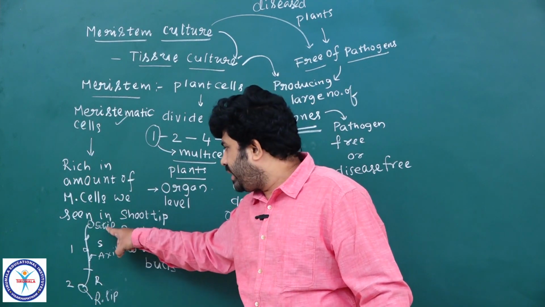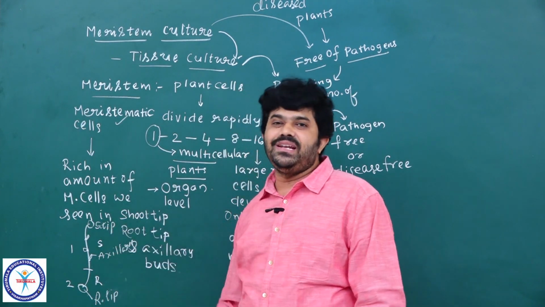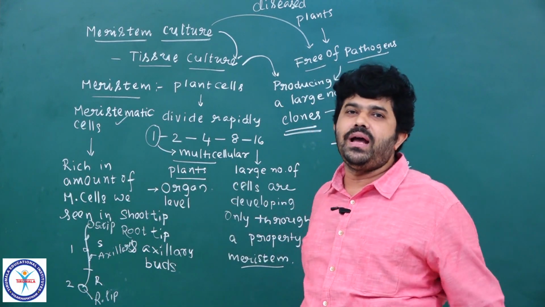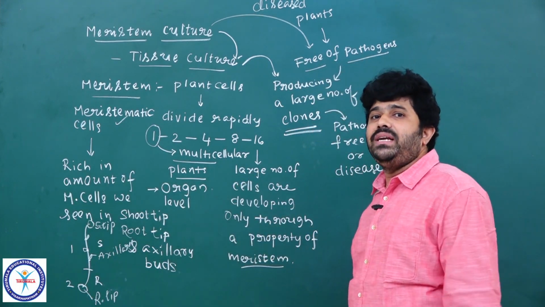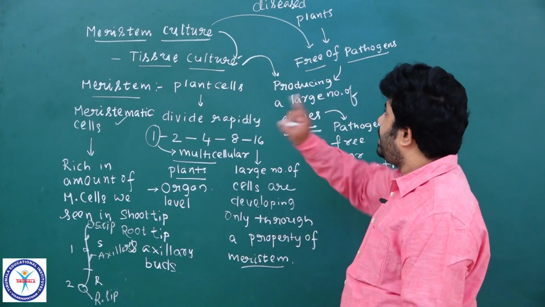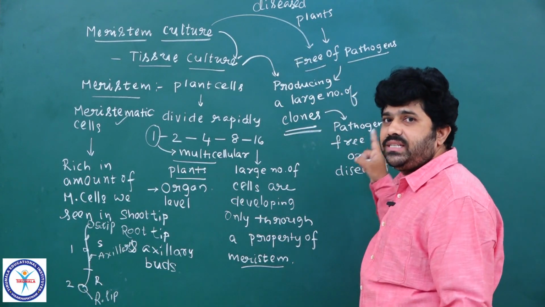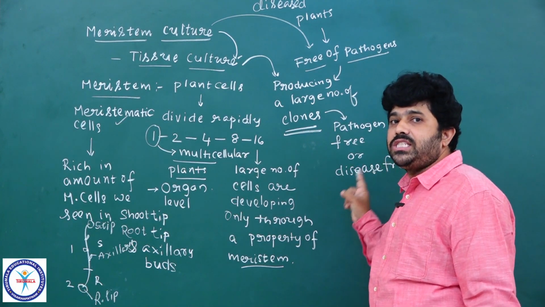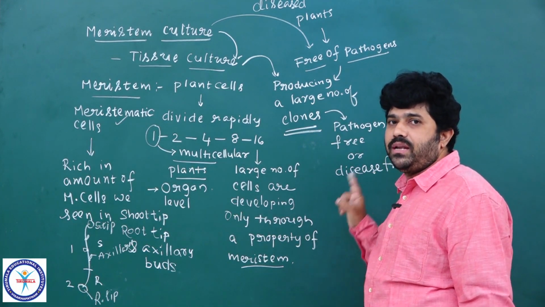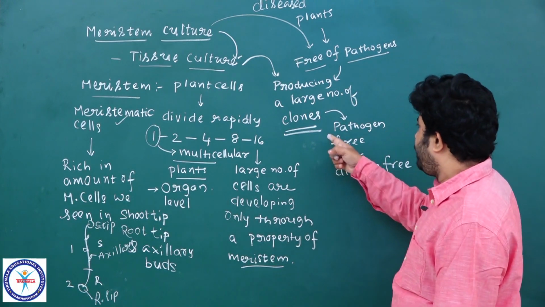That means shoot tip, root tip and axillary buds contain a larger number of actively dividing cells called meristematic cells. We collect these cells from the diseased plant and produce non-diseased young generations, disease-free, pathogen-free clones.